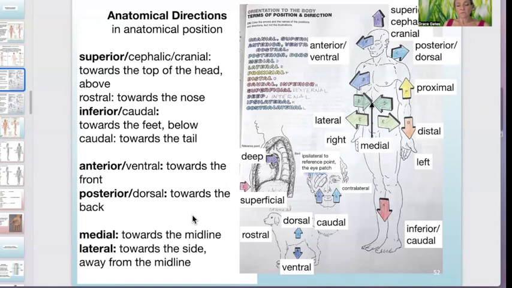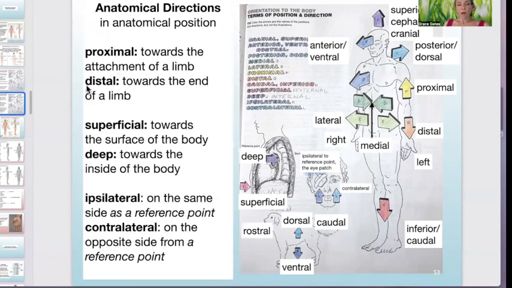Medial means towards the midline of the body, and lateral means towards the side, away from the midline. Proximal means towards the attachment of a limb to the body, and distal means towards the end of a limb. Superficial means towards the surface of the body, and deep means towards the inside of the body.